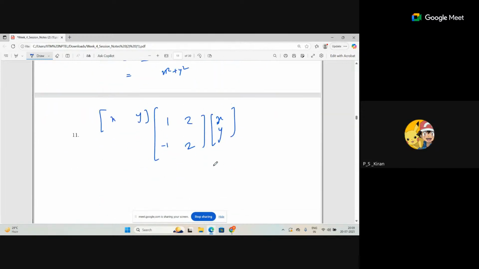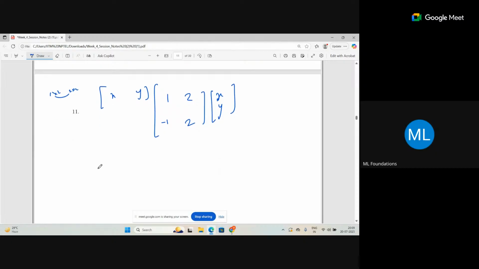Let me do it. X is a 1 cross 2 and that is 2 cross 2. So I should get a 1 cross 2. What should I get here? x minus y, and minus y here, then 2x plus 3y... here it is xy.